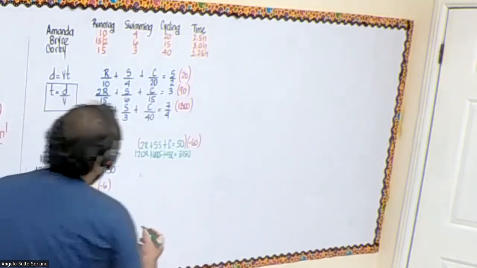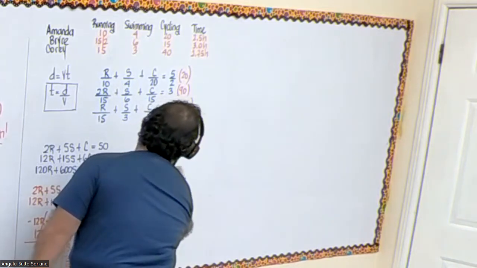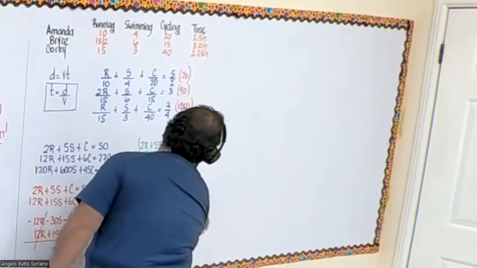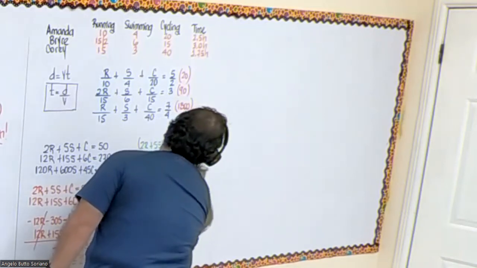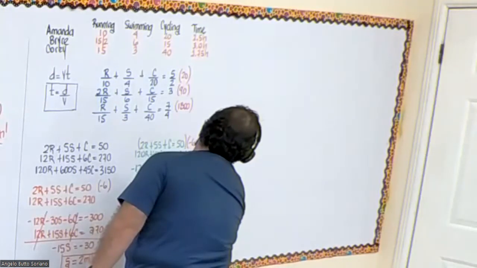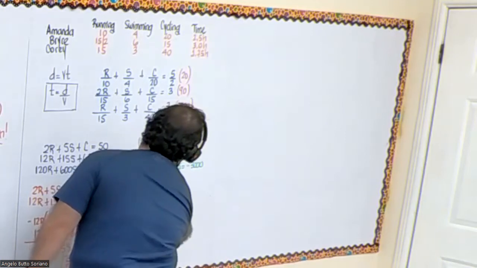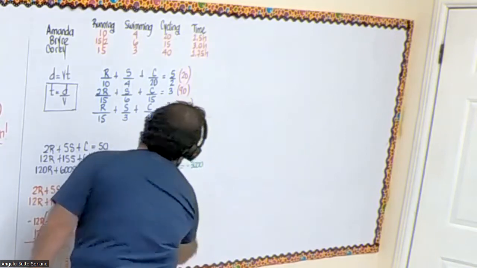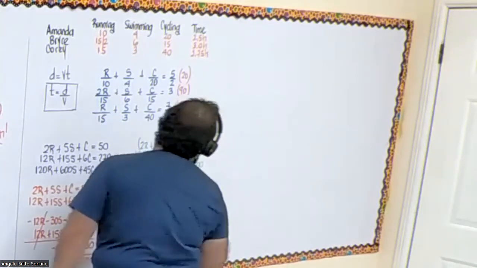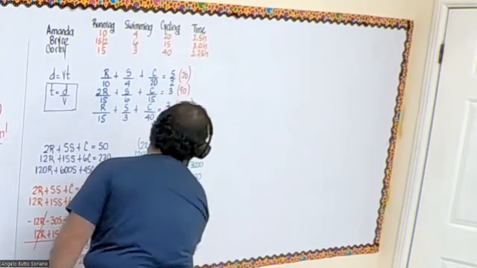And we got negative 120r minus 300s minus 60c, that will be equal to negative 3,000. And we got 120r plus 600s plus 45c equals 3,150.